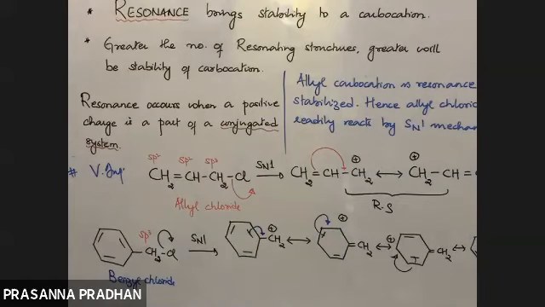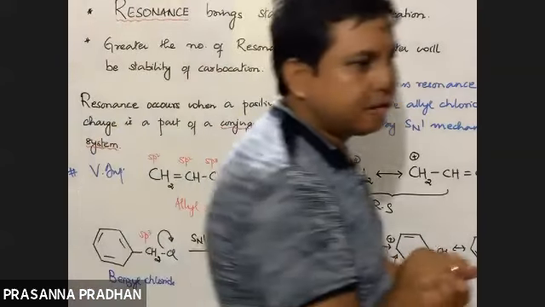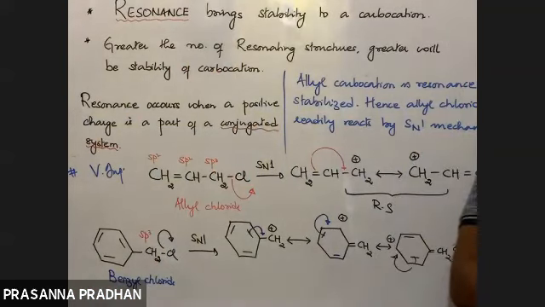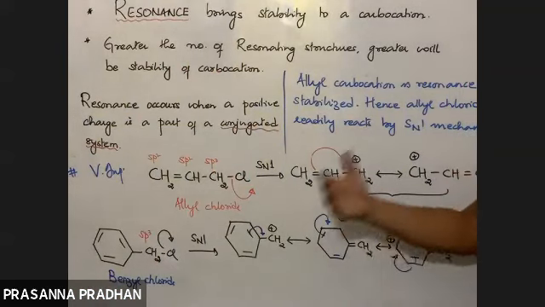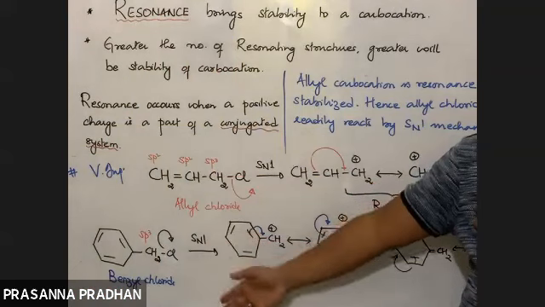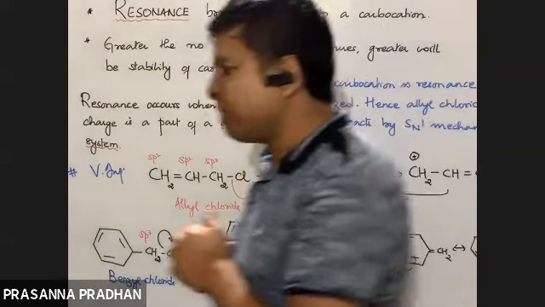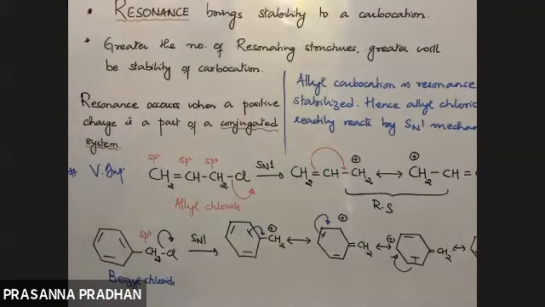To sum up, all those halides which give a stable carbocation. If it is an alkyl halide, 3 degree will be the most reactive, and the exceptions are allyl chloride and benzyl chloride. They are 1 degree but very reactive, because the carbocation formed is resonance stabilized.